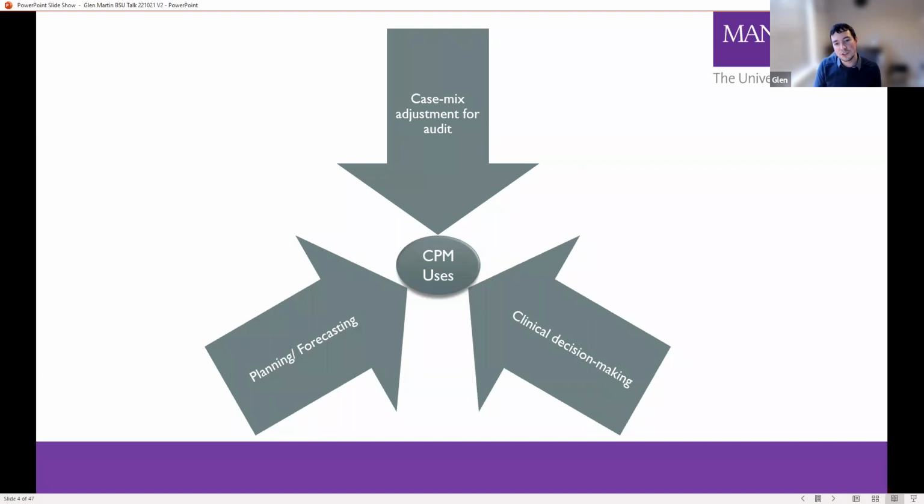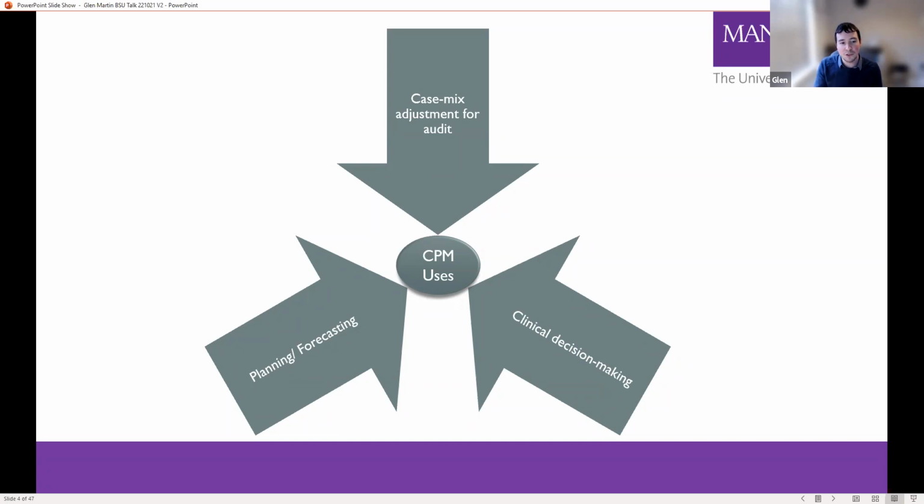We might also use the prediction model for clinical decision making. Q-risk is actually an example of that. The Q-risk model is recommended in national health guidelines and NICE guidelines, in the sense that anyone with a Q-risk over 10% is recommended to be prescribed a statin. In other words, the prediction model is enabling that clinical decision making on an individual patient level.